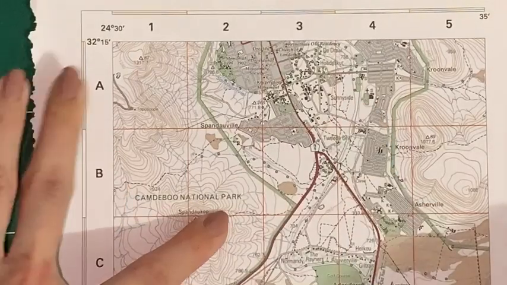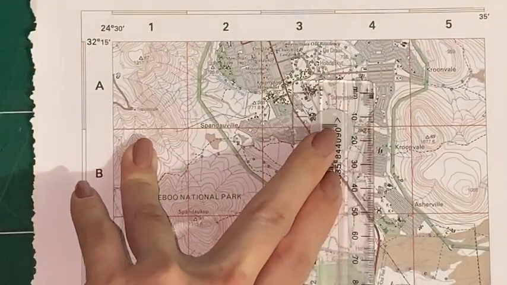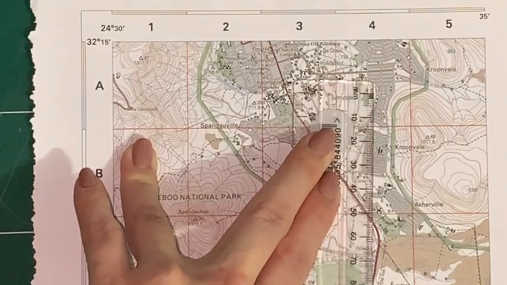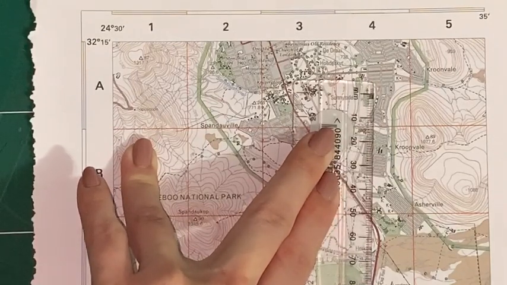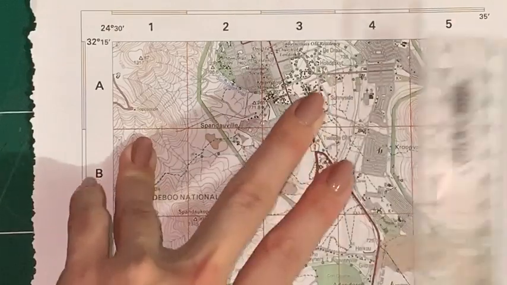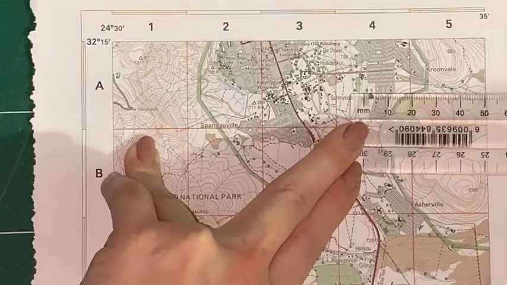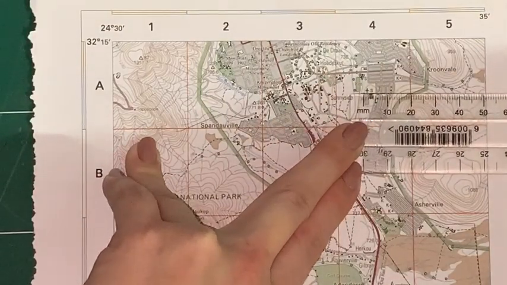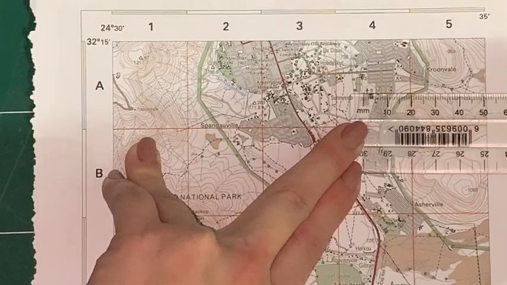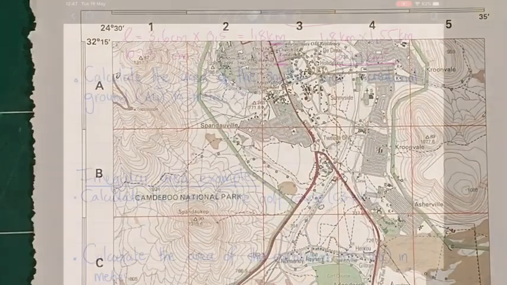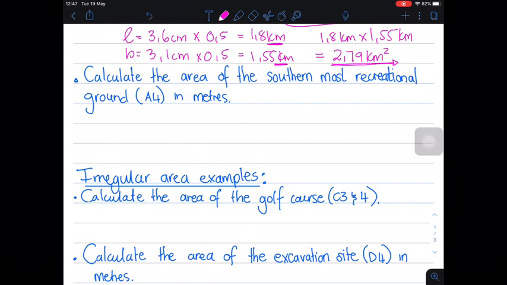And if I measure the length, I get 0.6 centimeters, in fact 0.5, and you've got to measure quite carefully. If you measure the breadth, you get 0.2. The length of the recreational ground was 0.5 centimeter, and the breadth was 0.2 centimeters.